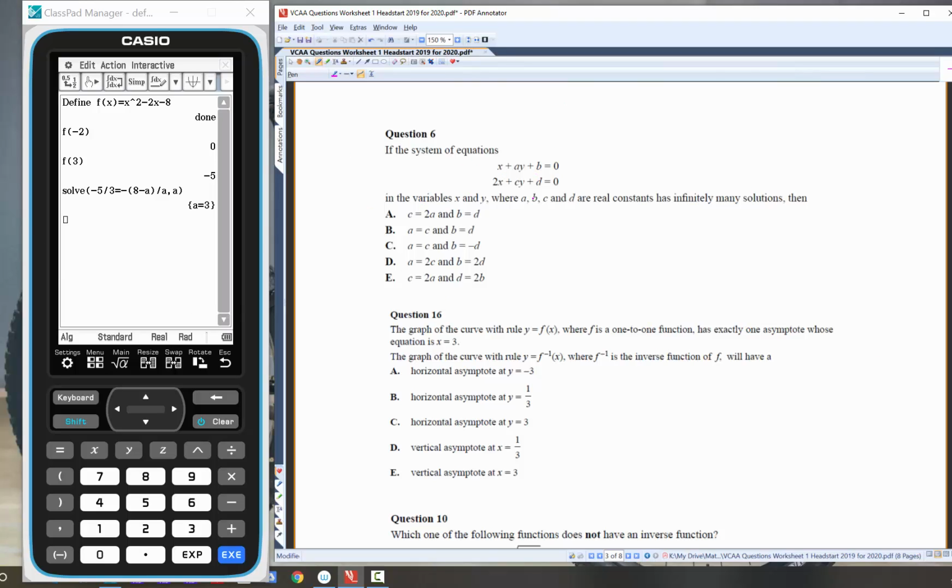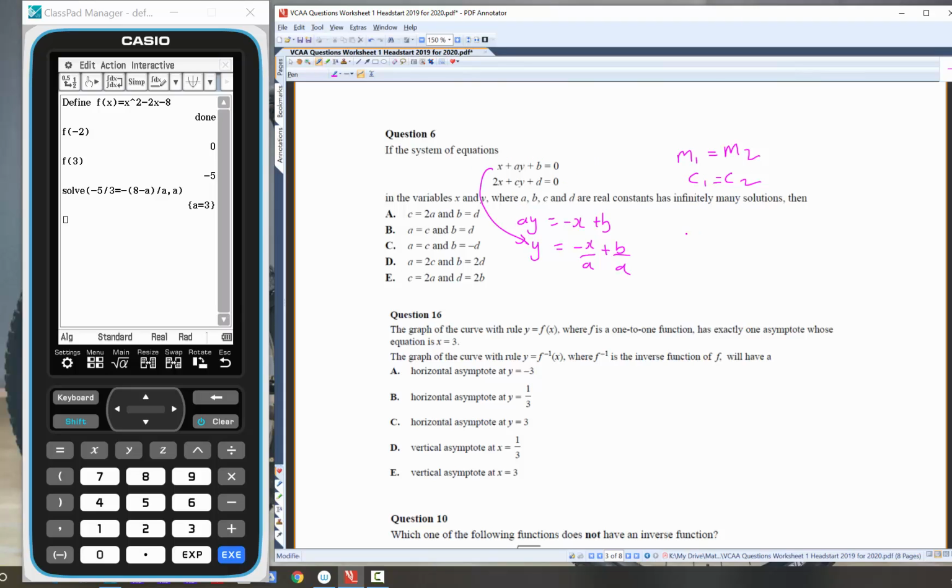System of equations has infinitely many solutions. Okay, so for infinitely many, m1 equals m2, c1 equals c2. That is same gradient, same y-intercept. Right, so again, let's just follow this same procedure that we're following. ay equals negative x plus b, y equals negative x over a plus b over a. So that is this equation.